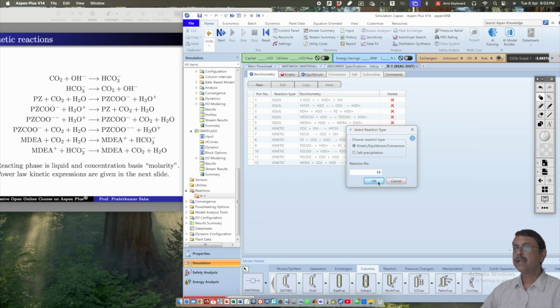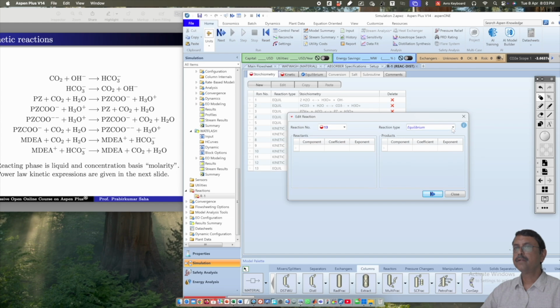And the last kinetic equation we have to set: MdA plus HCO3 minus. This is MDA.